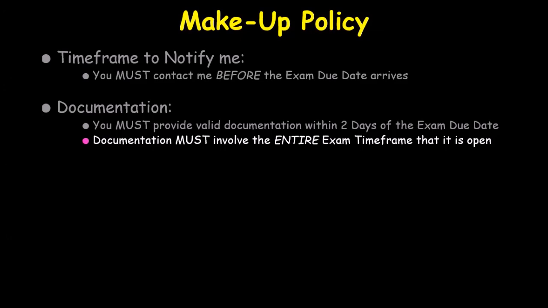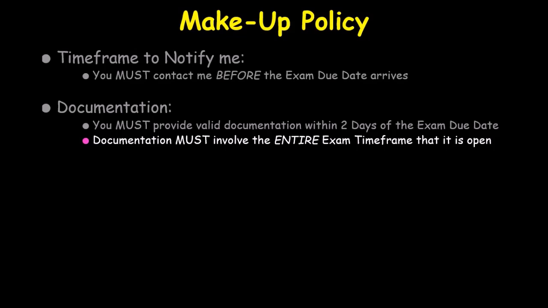So if you have 7 days to do it, let's say, I'm just giving you dates, January 1st to January 7th, and you got sick on January 4th, you had strep throat, well, that didn't take the whole time. Does that make sense? You could have taken the exam earlier.